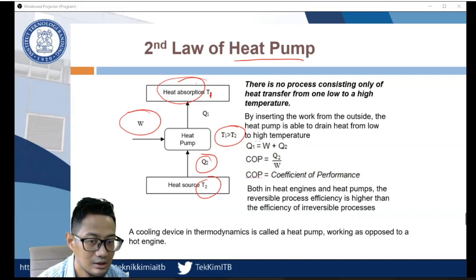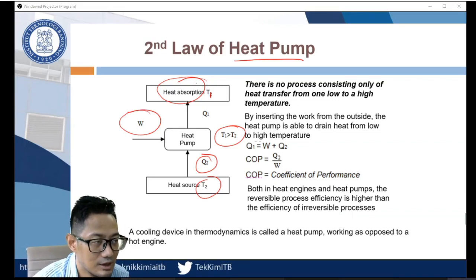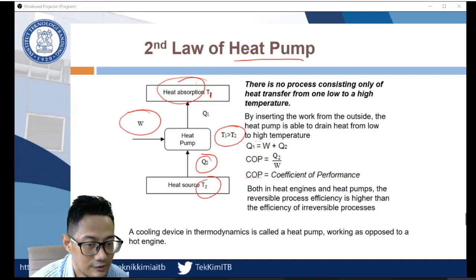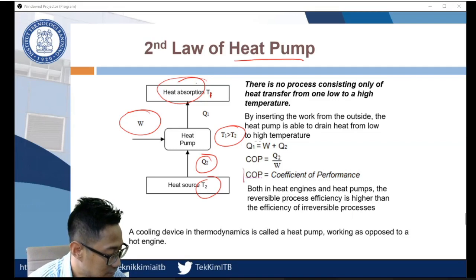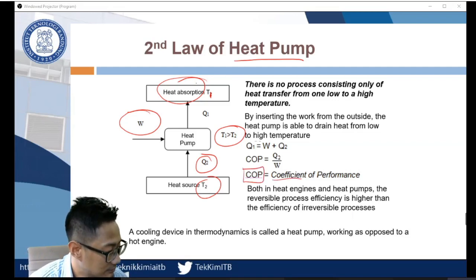Okay. In this case, there is no term of efficiency, because in terms of efficiency, the maximum value of efficiency should be 100% or 1.0. In this case, the term of efficiency is replaced by the coefficient of performance, denoted by COP.